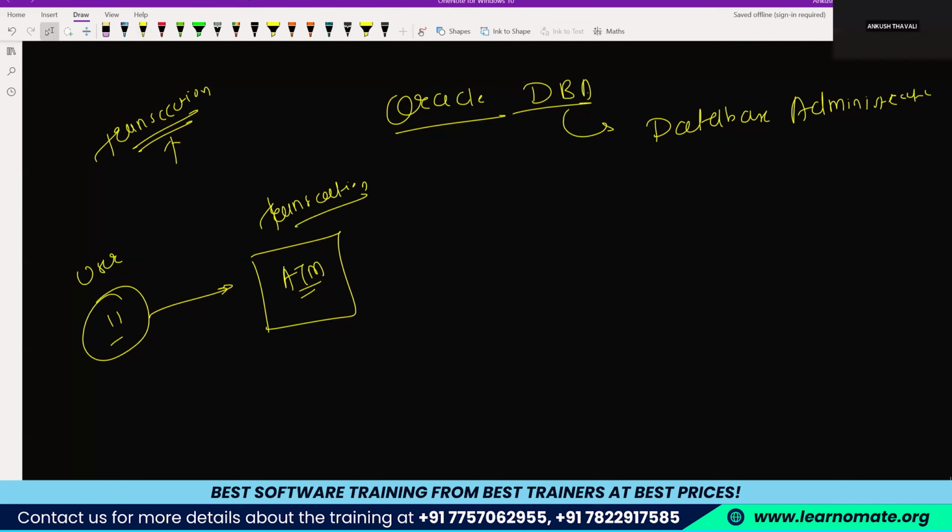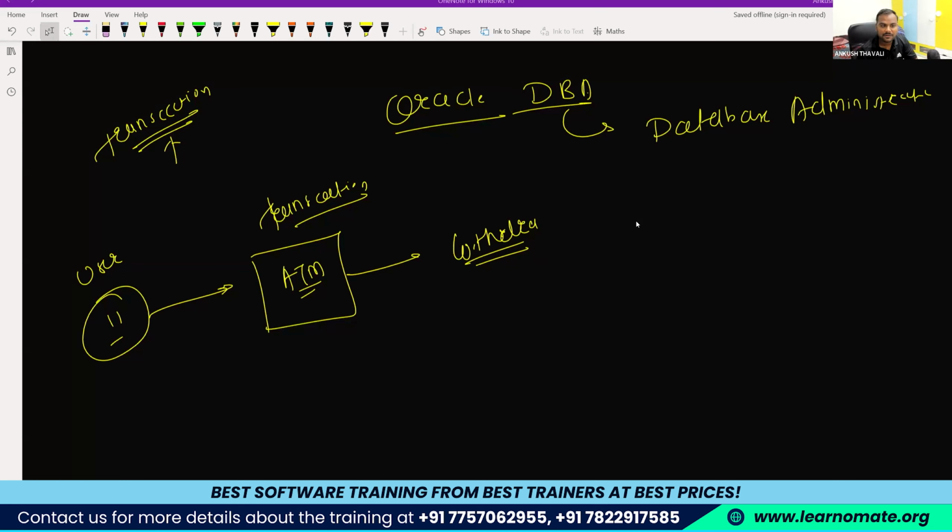You will withdraw some amount from the ATM. You'll go to the ATM, enter your user ID and your pin code, and once you enter your pin code, you will withdraw some amount.